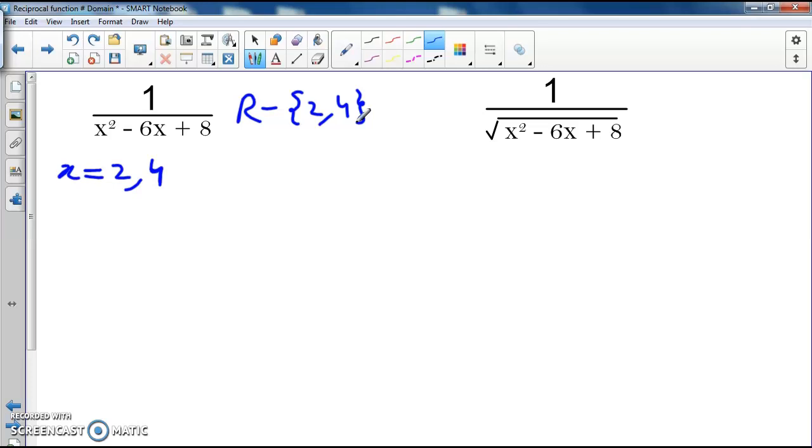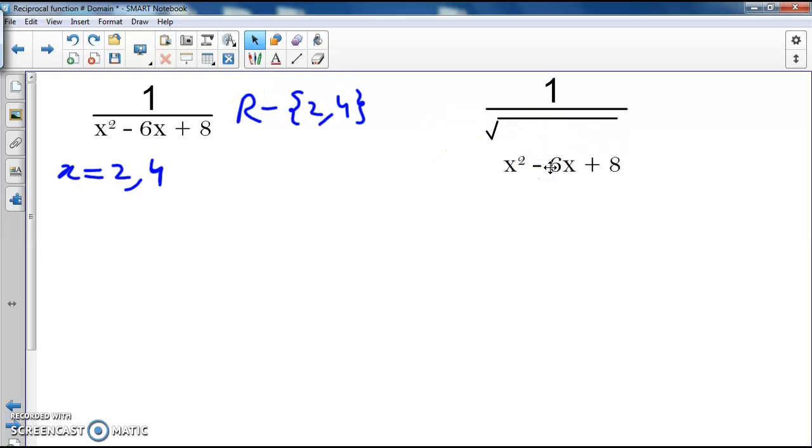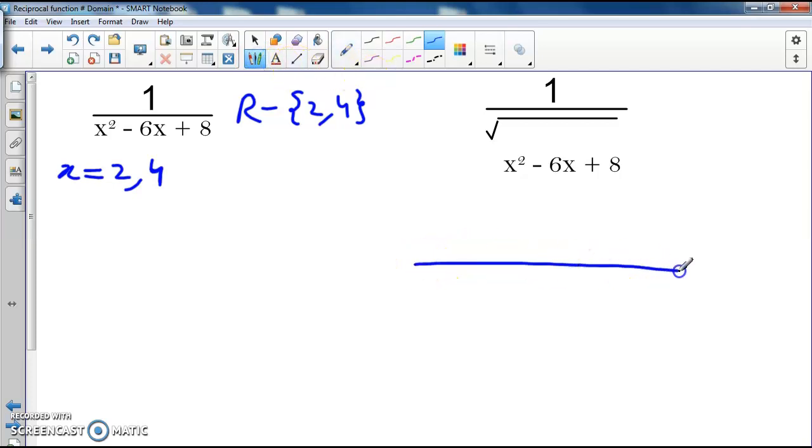For the second function, we plot the graph of x squared minus 6x plus 8. It is an upward parabola, because the coefficient of x squared is 1, positive. The roots are 2 and 4. Upward parabola.